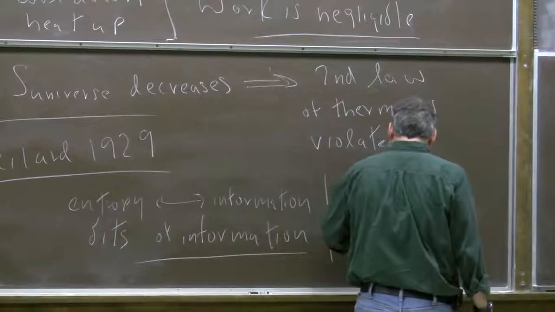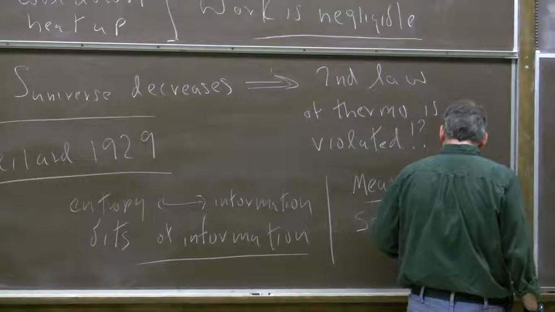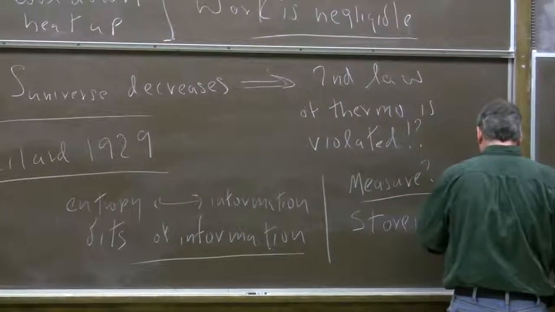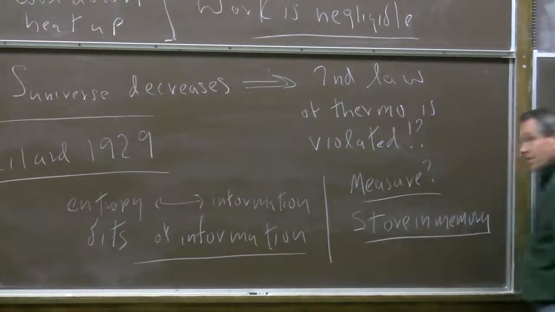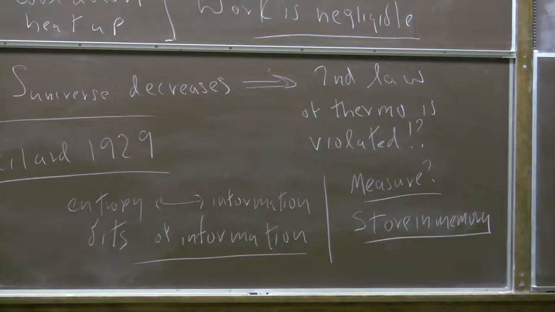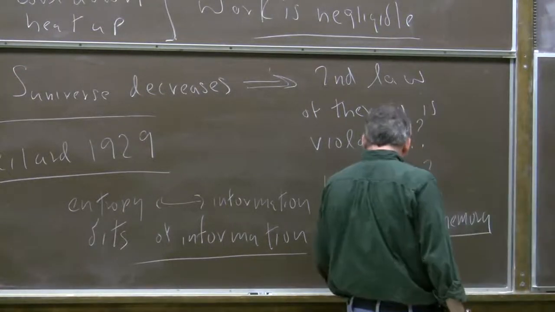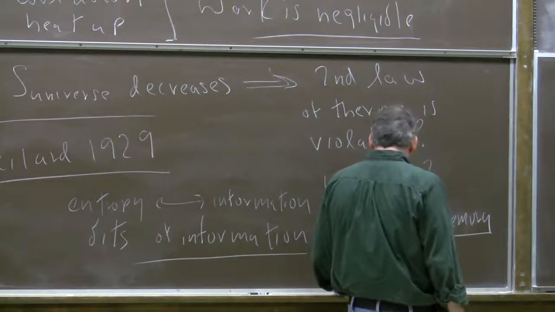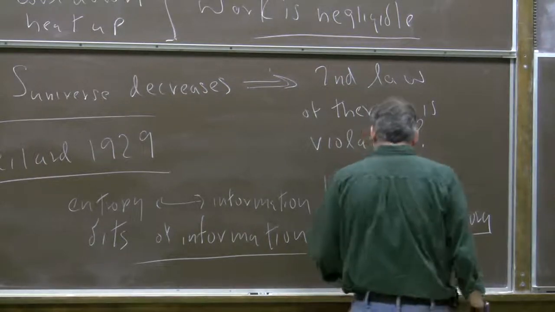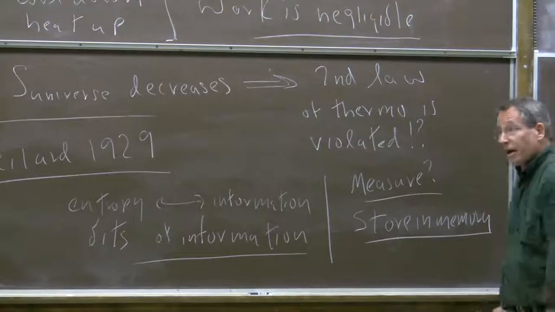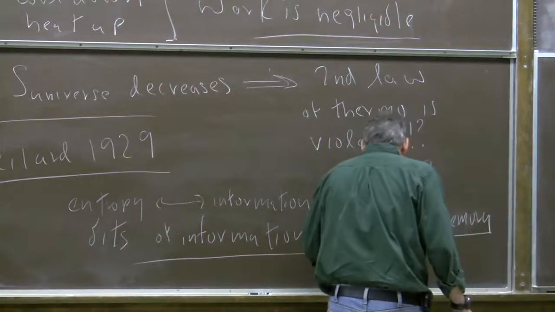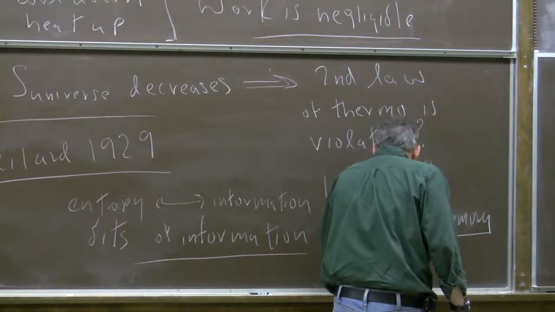He noted that the demon was going to have to store information in a memory, and he wondered about whether that involved some kind of irreversibility. And he was a little bit cagier when it came to this last one, but he also seemed to realize that the demon will need to reset himself, which means that information will have to be erased.